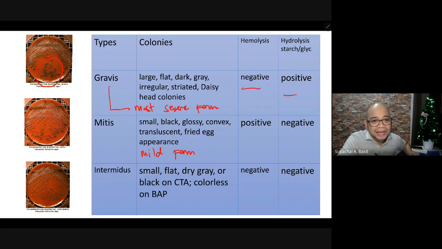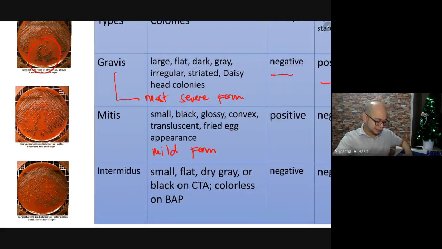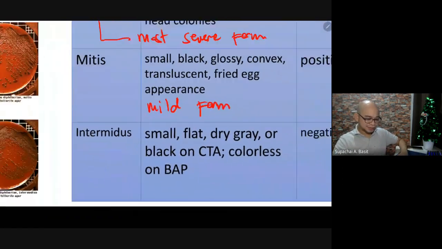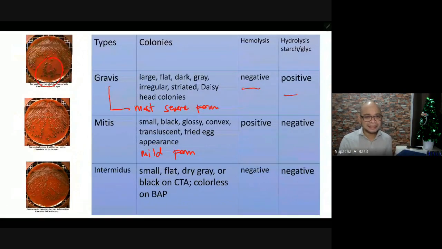And then we also have the intermedius, characterized by small, flat, dry gray-black colonies on CTBA. Obviously, they are negative in hemolysis and starch hydrolysis and will result in an intermediate form of diphtheria.